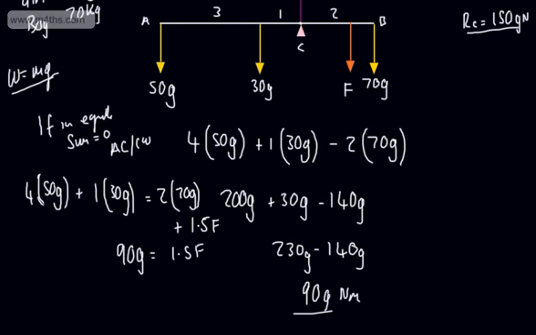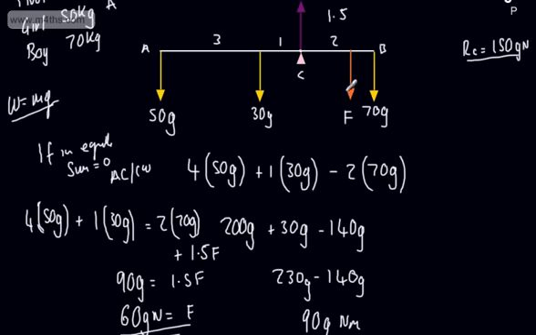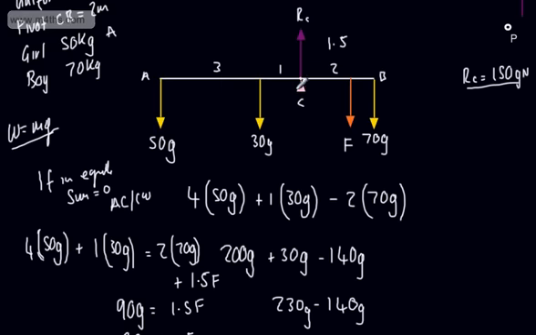So that's going to be 60g newtons, and that would be the force we needed to ensure that this remained in equilibrium, i.e. it didn't move anywhere, if we were going to place this 1.5 meters from the pivot.